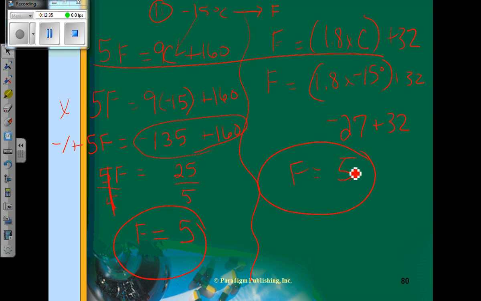Okay, so it pretty much boils down to: do you like using one formula for both, or using two easier formulas? I'll do one more to give you some practice. So number 12, and I'll just do the one formula for this one, the shortcut. Number 12 is asking you to take 18 degrees Celsius and convert it into Fahrenheit.